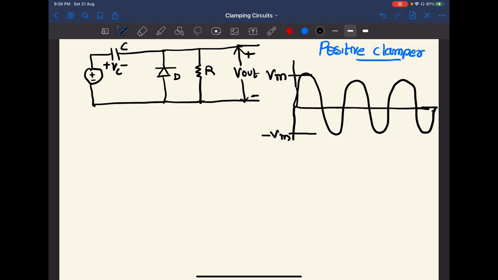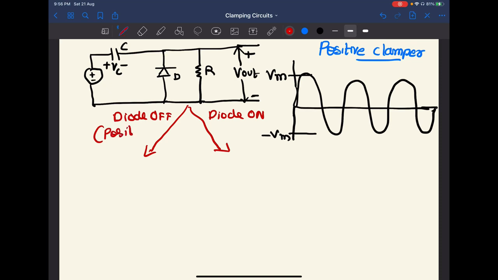We can say that there are two cycles for the input, positive and negative cycle. And during the positive cycle, the diode will not conduct. So we can easily subdivide this circuit into two cases: diode on condition and diode off condition. This is during the positive cycle, and this is during the negative cycle. Okay.